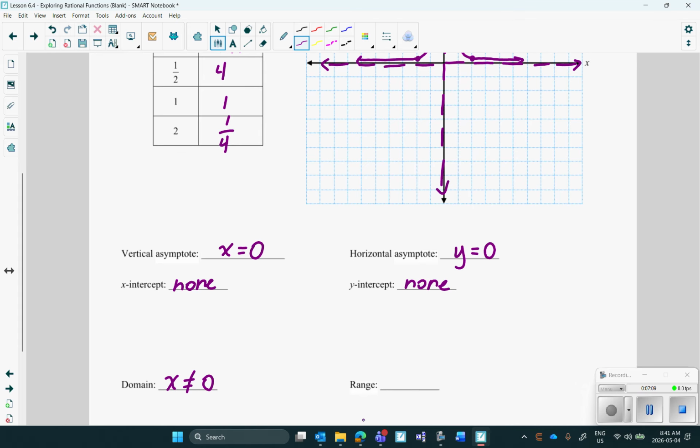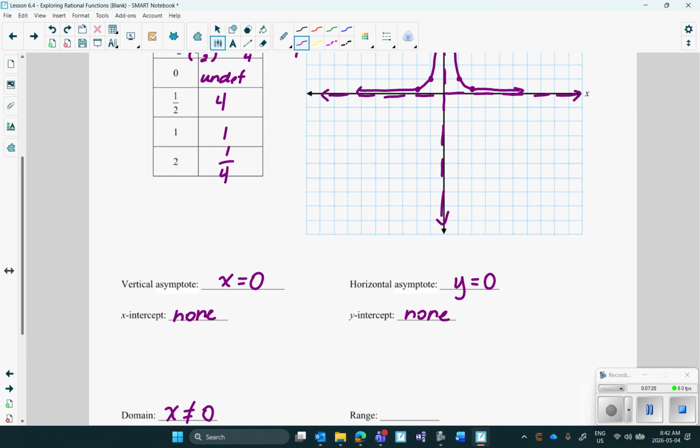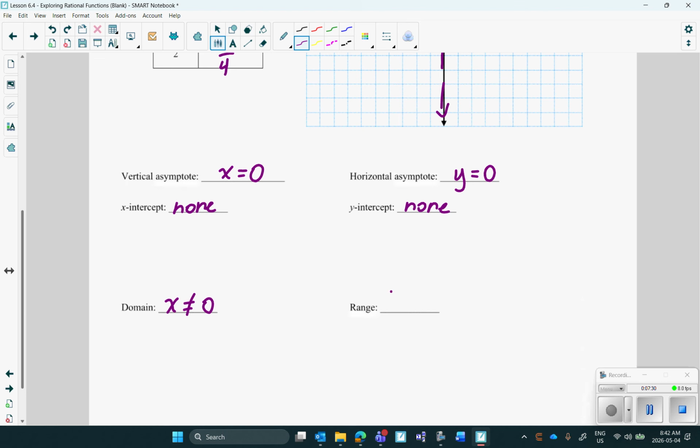Lowest to highest, what do you think? Doesn't it get really close to 0, but doesn't include it? That's the lowest. What's the highest? Infinity. So we would say 0 to infinity. We can actually use interval notation for this one.